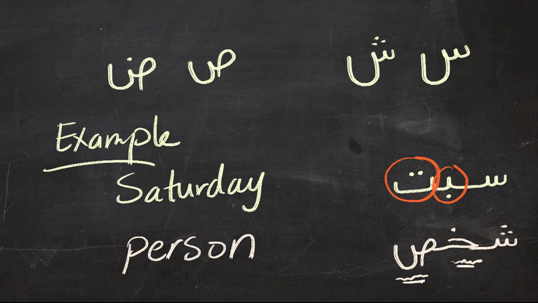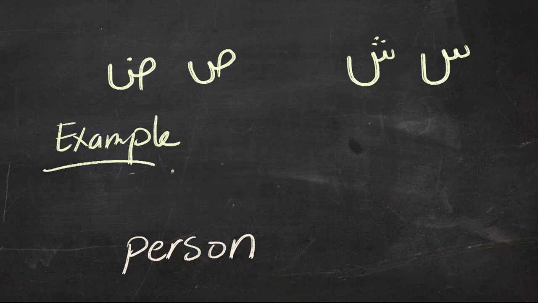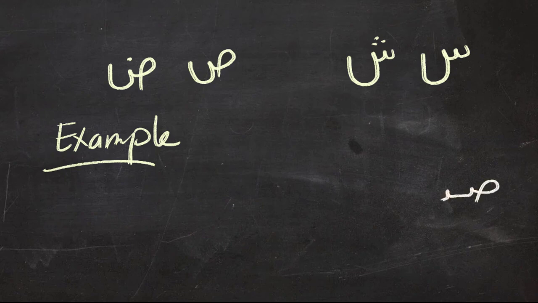All right, let's have a look at another set of examples about these letters and also in combination with letters that we have learned. Next up is sabr. Notice how sad is connected to the ba, is connected to the r to form the word sabr.